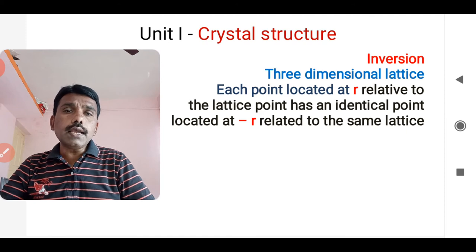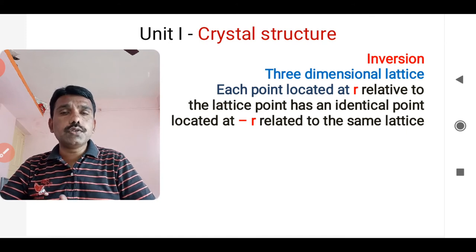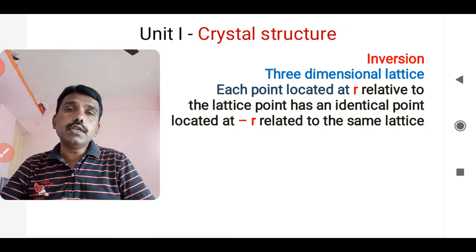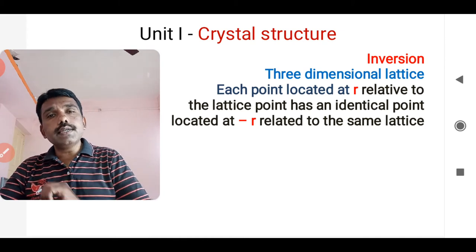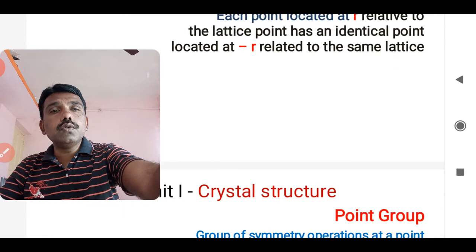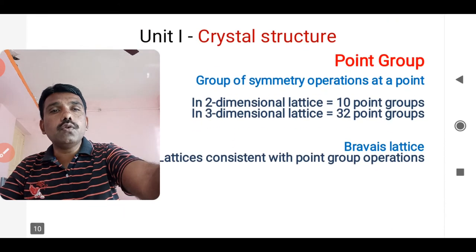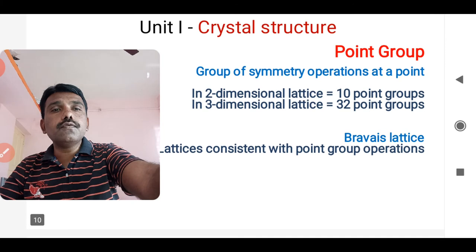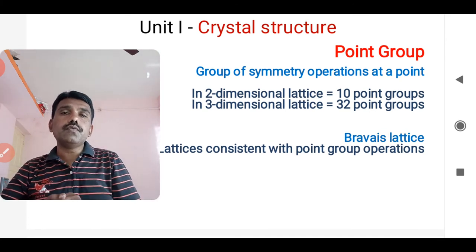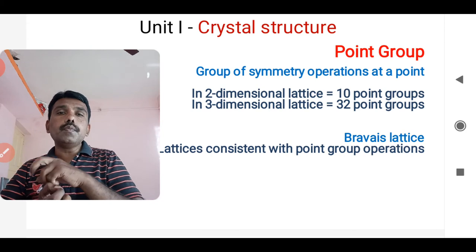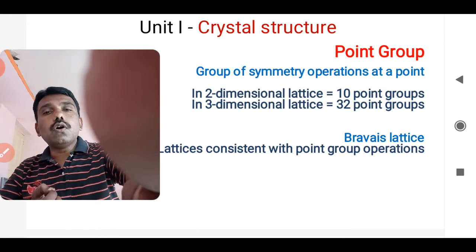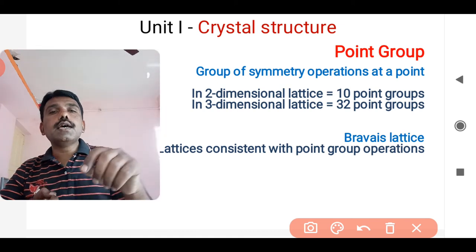Now, using these symmetry operations, whether rotation, reflection, translation or inversion, all these symmetries are around one point, and that is what is basically called a point group. That means whatever the rotations or symmetry operations are, all the groups of symmetry operations are at one point.